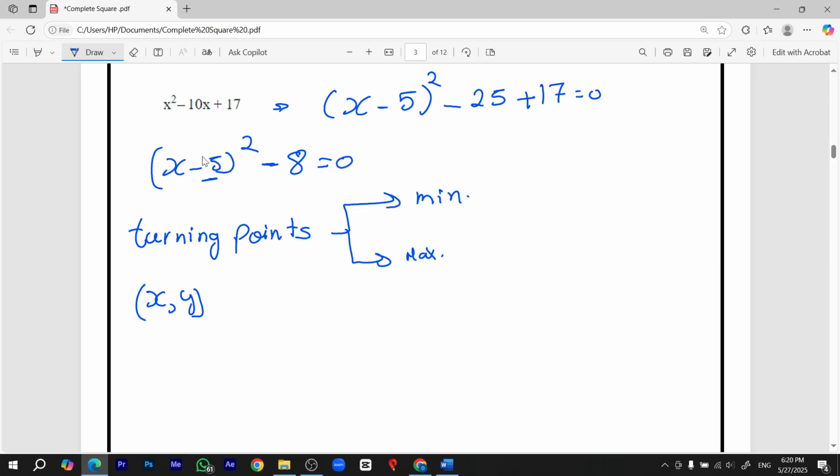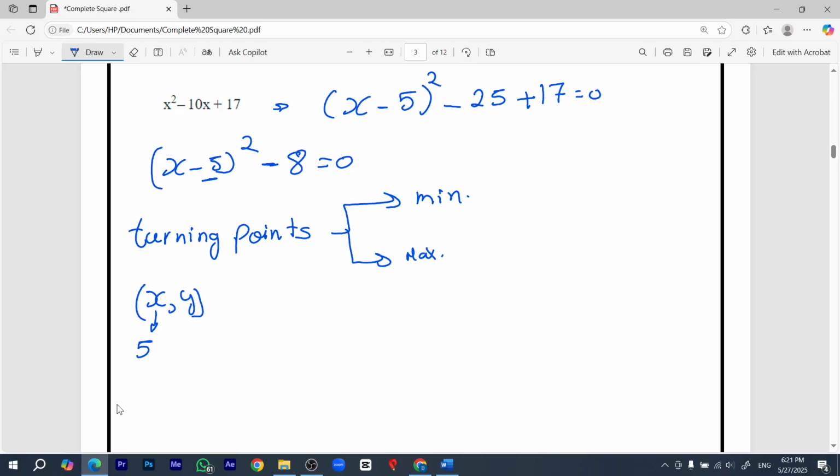Here it's negative 5, but for x I take the opposite sign of the number, so x is positive 5.